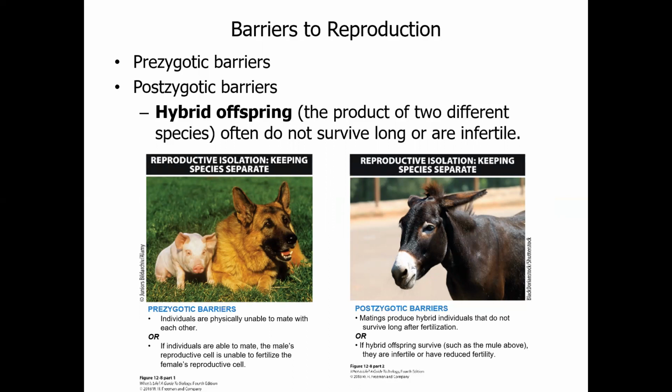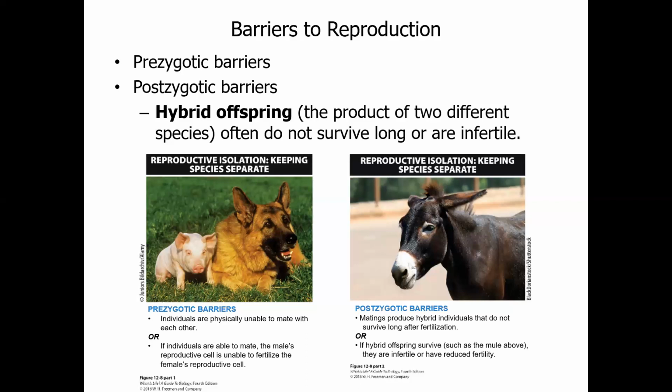There can also be differences in social rules or courtship rituals. Certain species may have mating rituals that initiate mating between male and female. Some species may not. So if one species doesn't have a mating ritual, but the other one does, the species that doesn't have the mating ritual isn't going to understand these social cues to go on to reproduce. So prezygotic barriers are all about before the fertilized egg.